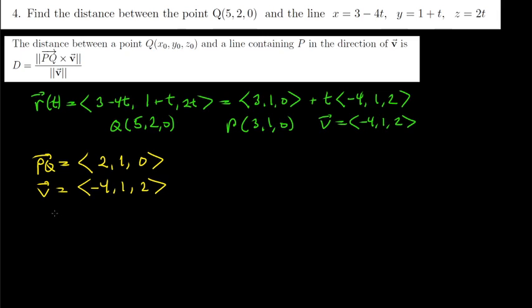All right, and we just need the cross product of those. So PQ cross v is going to be the vector 2 minus 0, so 2, and then 0 minus 4, so -4, and 2 plus 4, right, so 6.